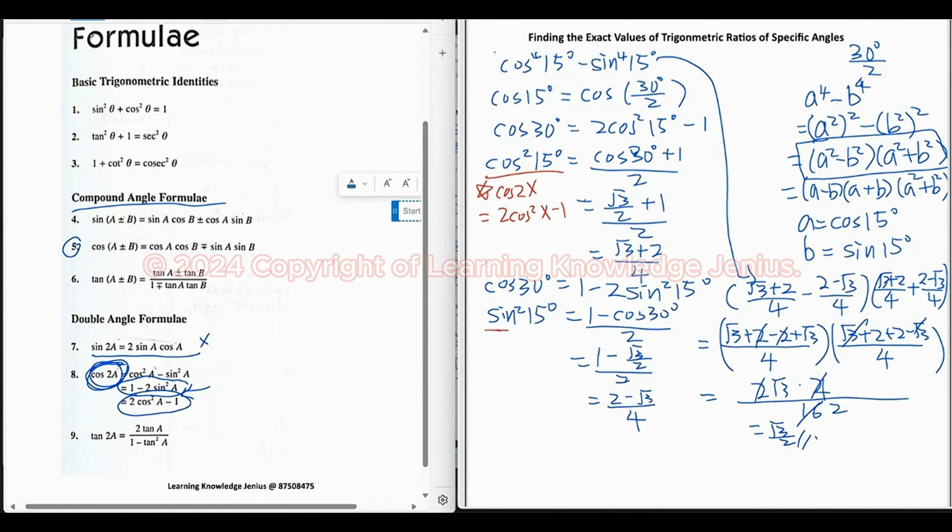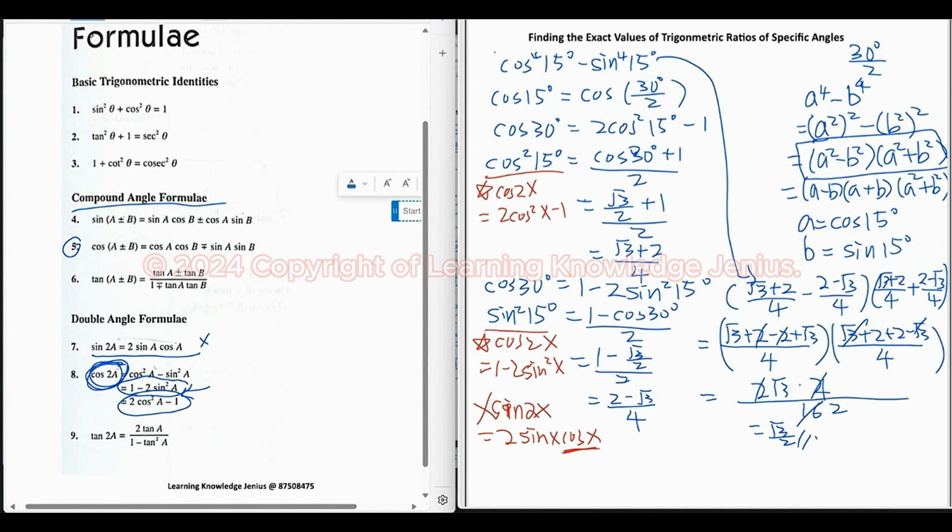And then when I want to find the sine square 15 degree, I will still use the cosine 2x formula. I will not use the sine 2x formula, because it involves the cosine x as well.